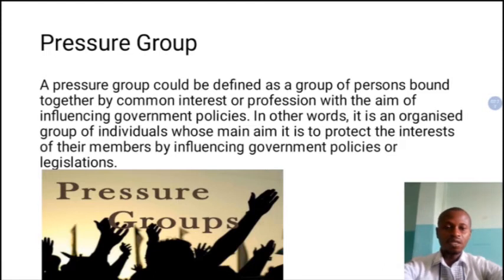Now you can see these two factors: interest and profession. These are the two factors that bind together members of a given pressure group. It's either they have common interest or they belong to the same profession or occupation.